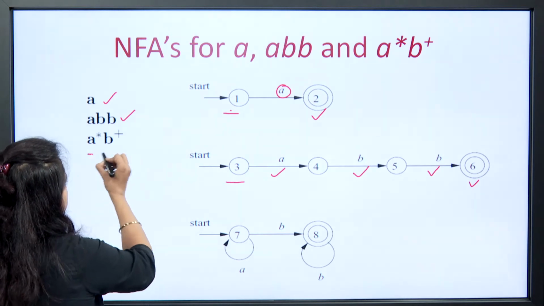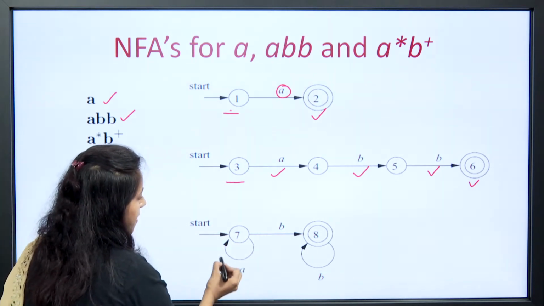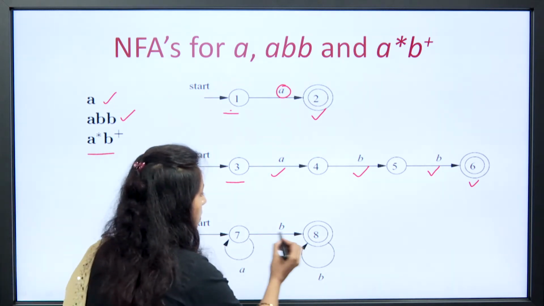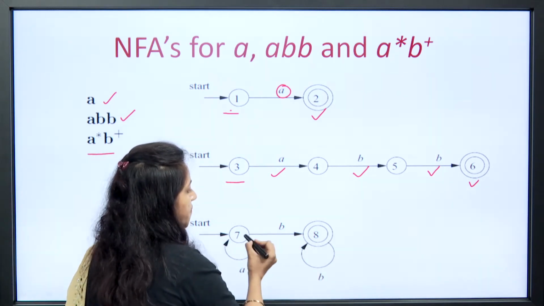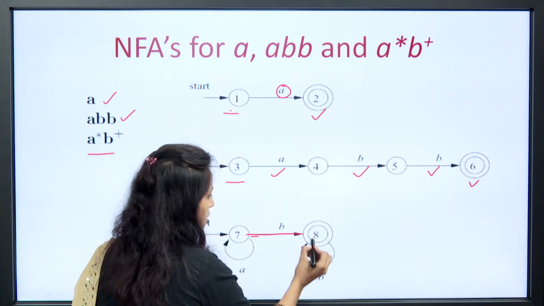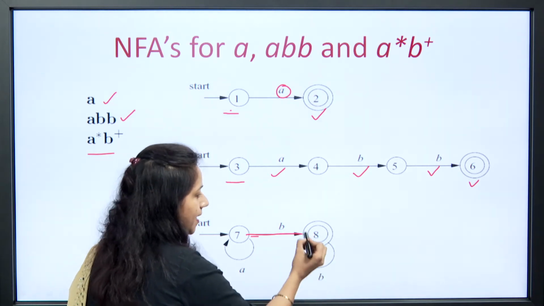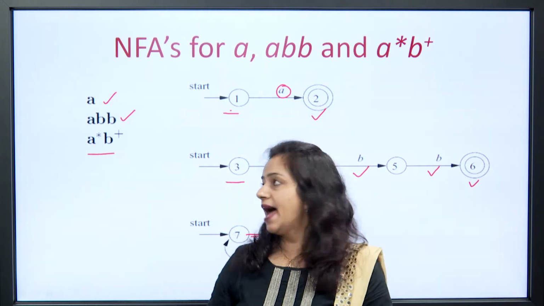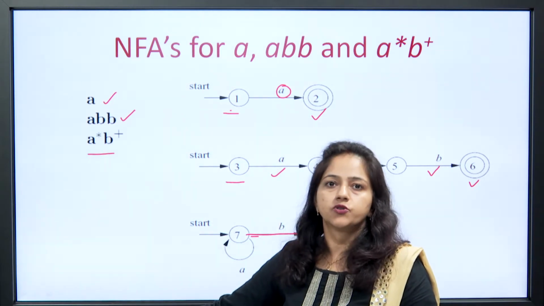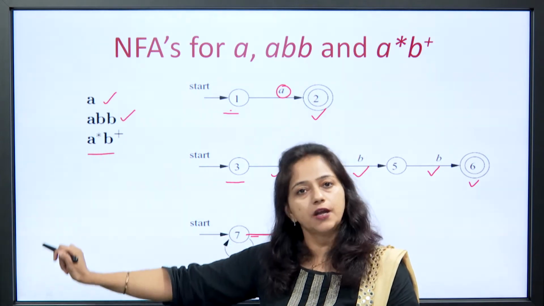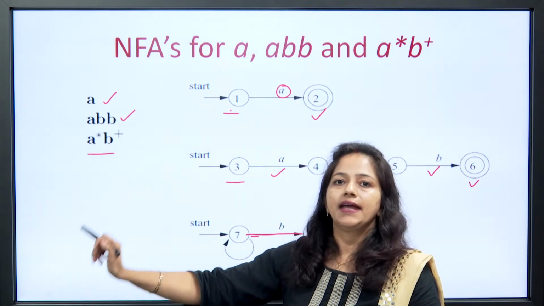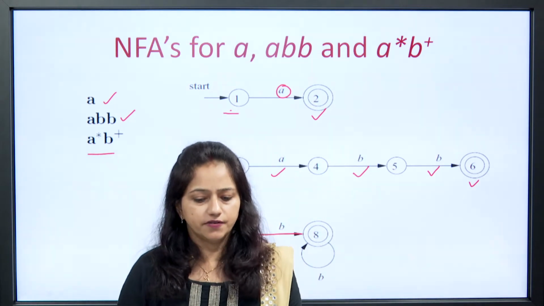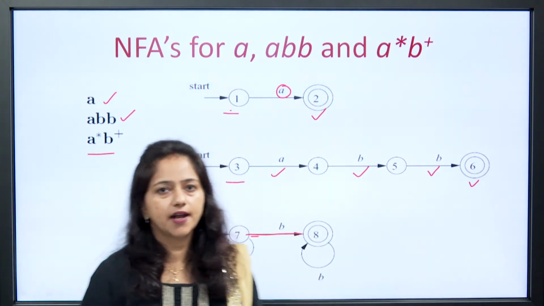Next is a star b plus. a star means 0 or more instances of a, so here we will mark a loop. Then b plus means 1 or more instances of b, so we will mark a transition for b and then a self loop for b, and this will be the final state. In our programming language we may have a number of patterns, so we will write a regular expression for every pattern and then draw a finite automaton for every pattern. It could be an NFA. Simply, we will draw the finite automaton for every pattern.